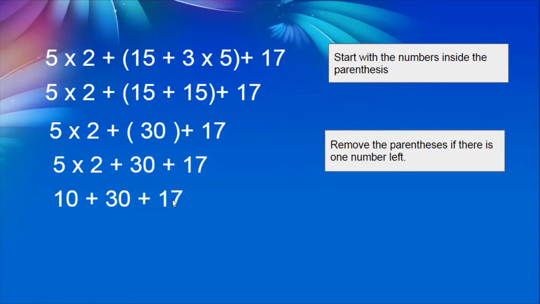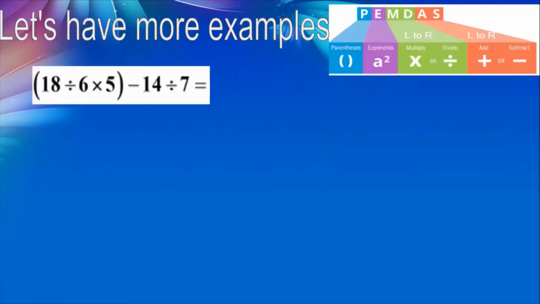So we arrive now with only one operation, and that is addition. So remember, we start adding from left to right. So 10 plus 30, that is 40. 40 plus 17, we have the answer of 57. So, in order for us to arrive with one answer, we just follow this rule or the acronym called PEMDAS.